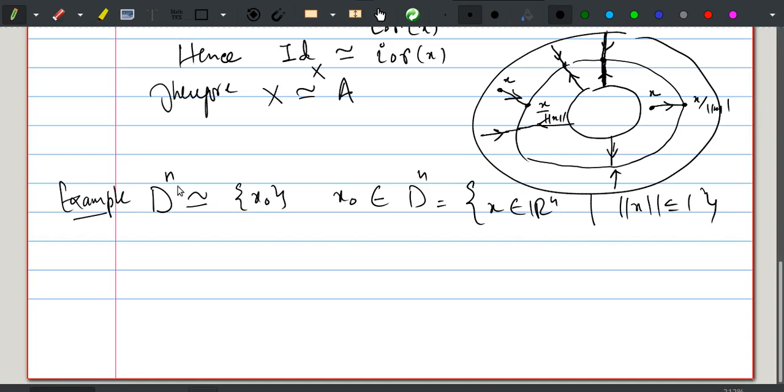So we have to prove that Dn is contractible to a point. Now we know that in order to prove some space is contractible to a point, we need to prove the identity map on the space, which in this case is Dn, is homotopic to a constant map. So if this is the case, then Dn will be contractible to the point x naught.